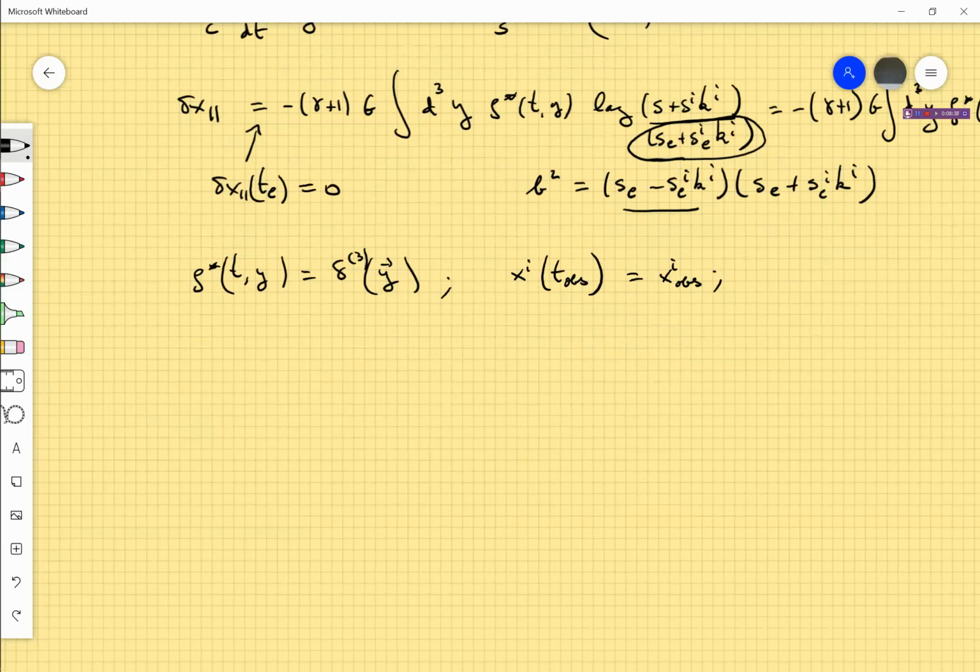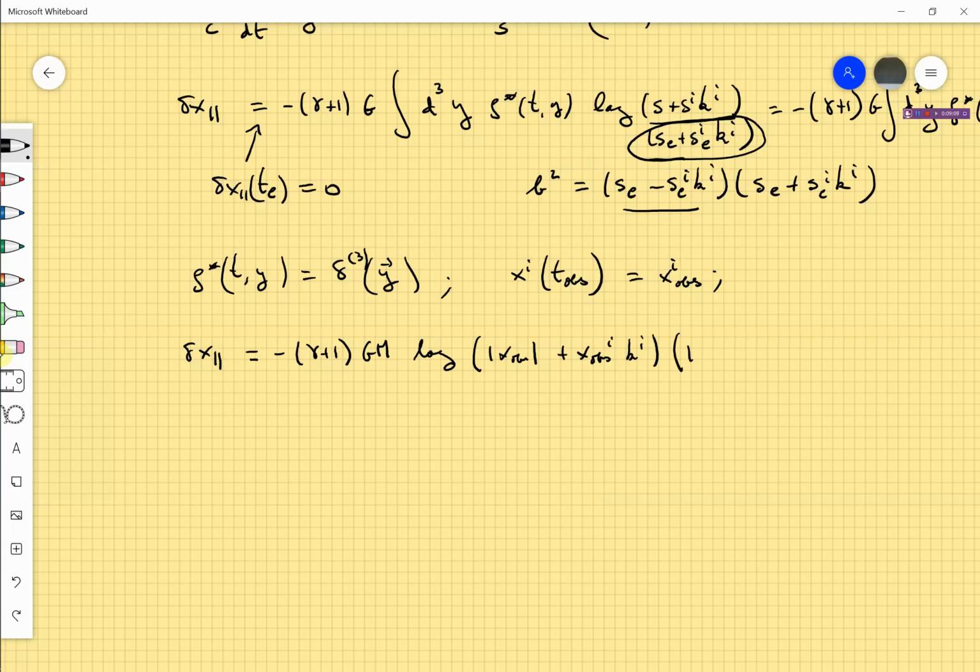So using this, you find immediately that this is minus gamma plus 1 G M, and the log of the absolute value of x observation plus the product of this vector times ki, then an analogous expression but now at emission, and everything divided by the impact parameter squared.